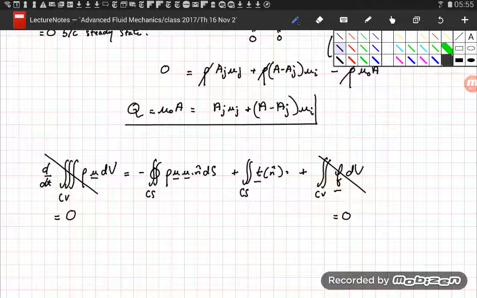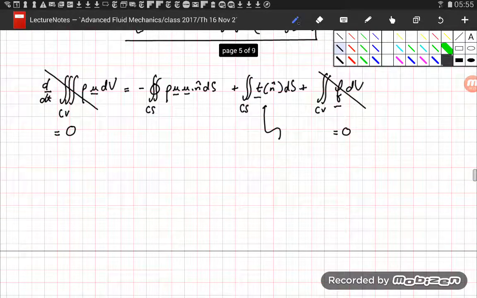I forgot a ds here. Now this here is our stress vector. The stress vector is equal to, this is from Cauchy, the stress tensor times the normal to the surface.